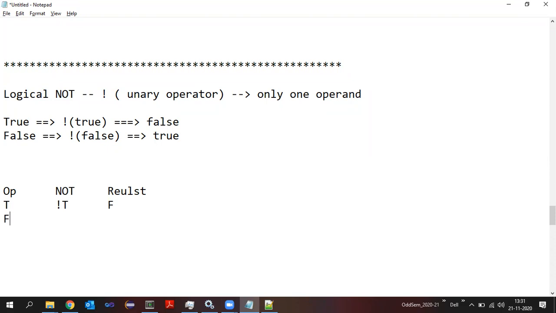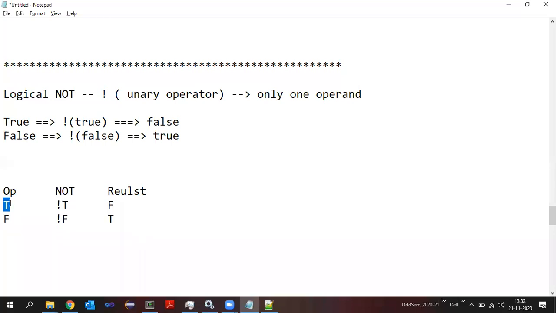Second case, operand can have a false value. Then not of false is true. Just pay attention to the operand and the result. If operand is T, result is F. If operand is F, result is T. Is it reversing the values?